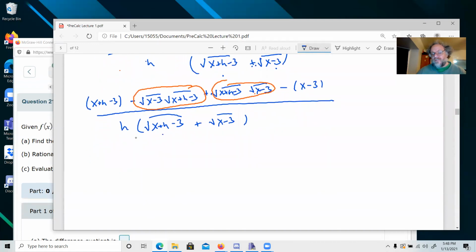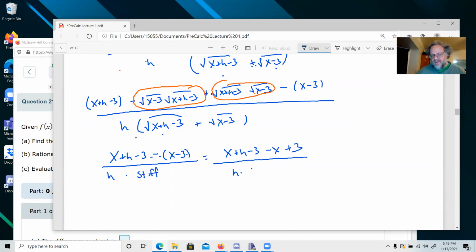So when this is all said and done, we have x plus h minus 3 minus x plus 3, all divided by h. I'm just going to say stuff for a moment. Do you see anything that cancels? You do.